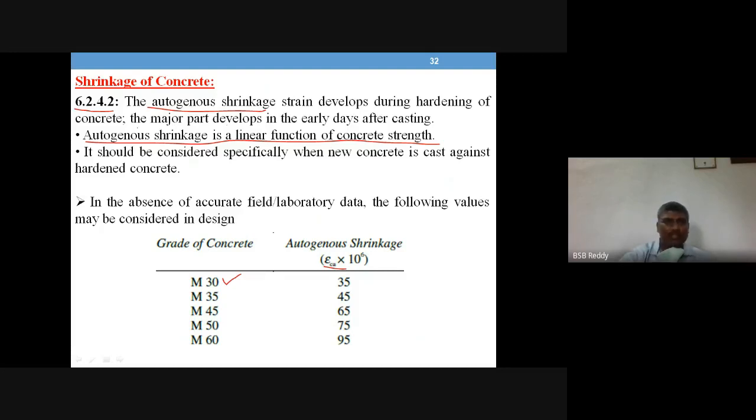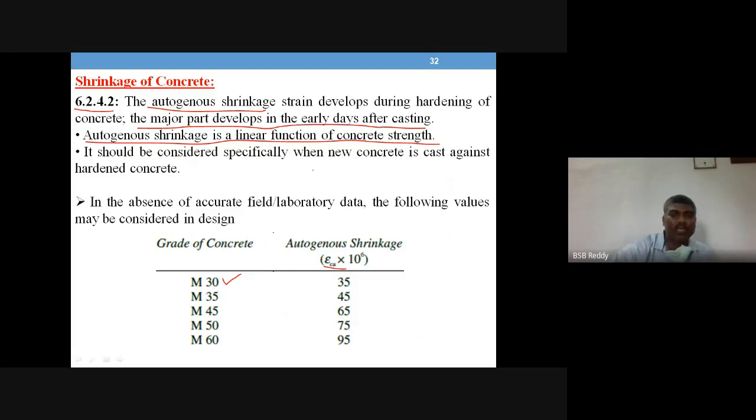Okay, that is what autogenous shrinkage is. The major part develops in the early days after casting, because most of the reaction happens within 28 days. That's why we allow the concrete to gain the fullest strength until 28 days. During those 28 days the reaction happens so that it gains strength.